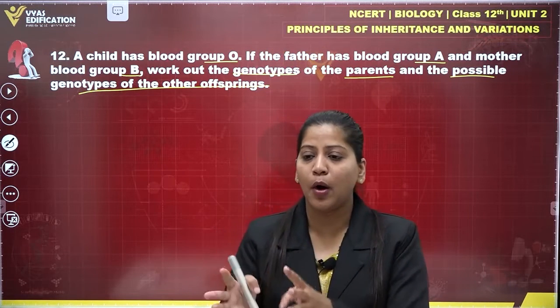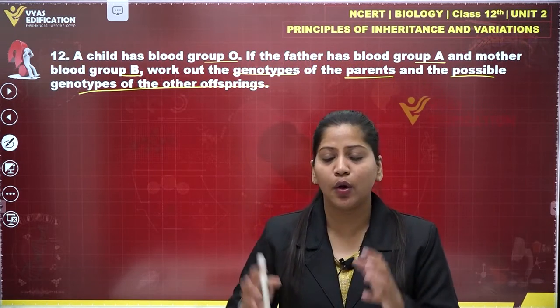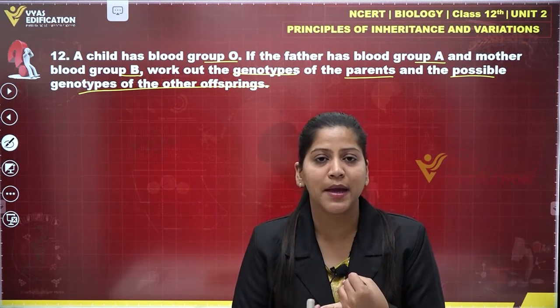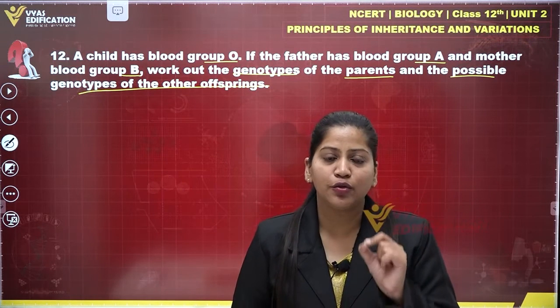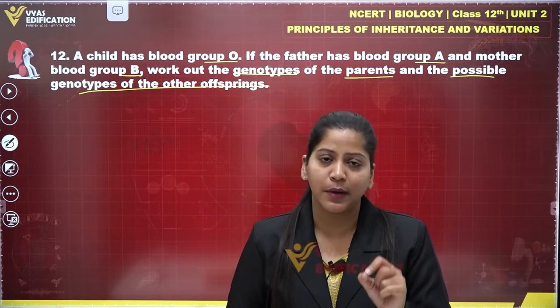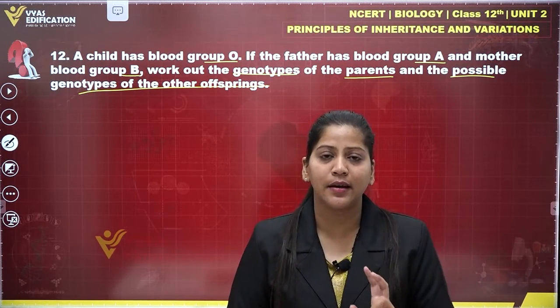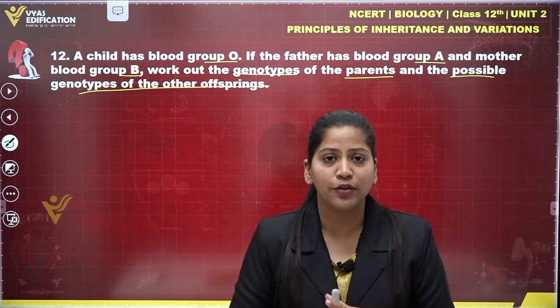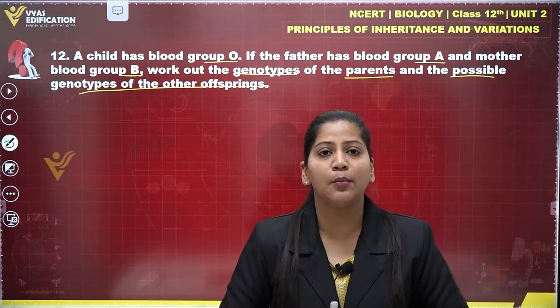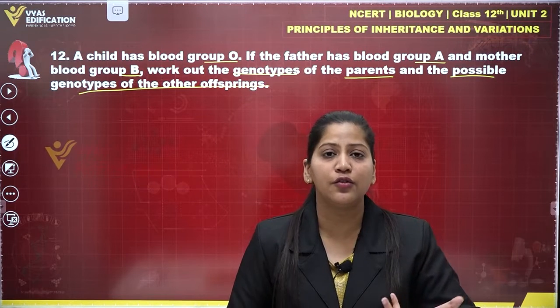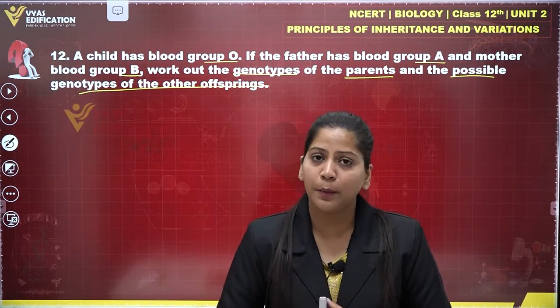If we talk about any individual, either male or female, an individual will carry only two alleles, because only a pair of alleles controls any character. But when we talk about the population, there are three alleles present which are responsible for controlling the character of blood group in human beings.